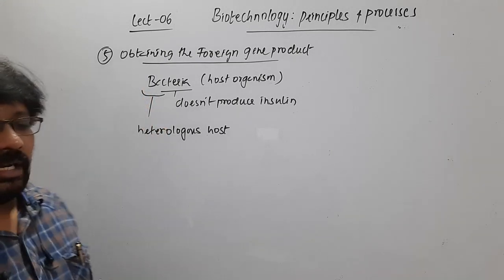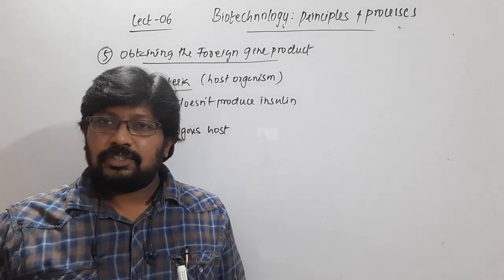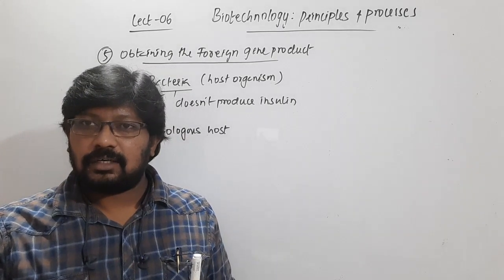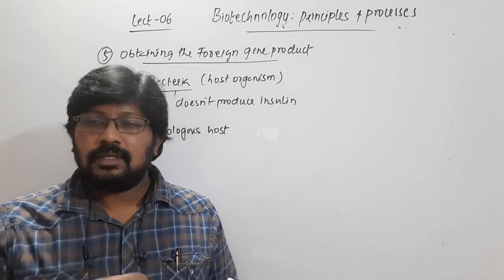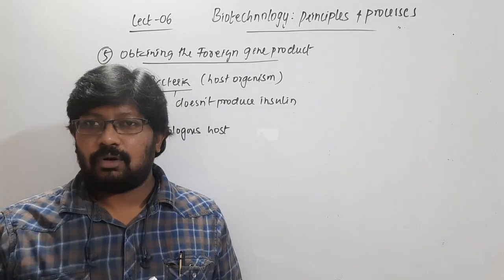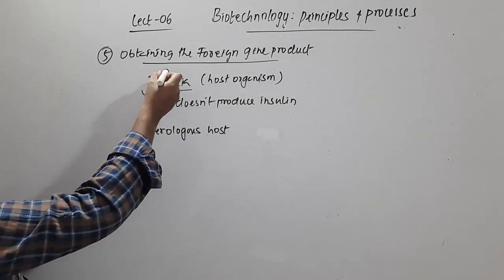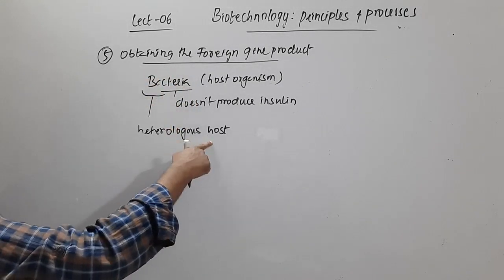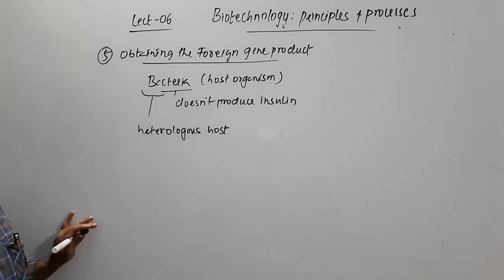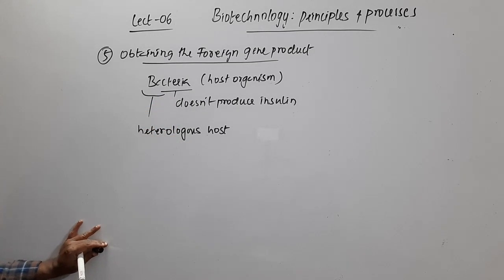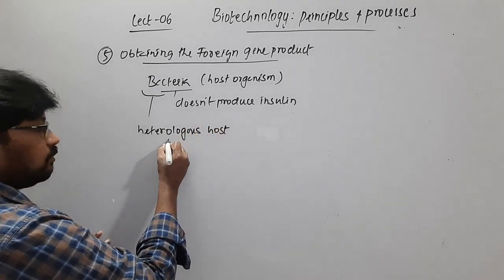So if I keep a gene into one of my cells that doesn't produce that product, then that is said to be a heterologous host or cell. So in this case this bacteria is a heterologous host, where I have introduced the insulin gene, and the product I obtained from this heterologous host is called the recombinant protein.